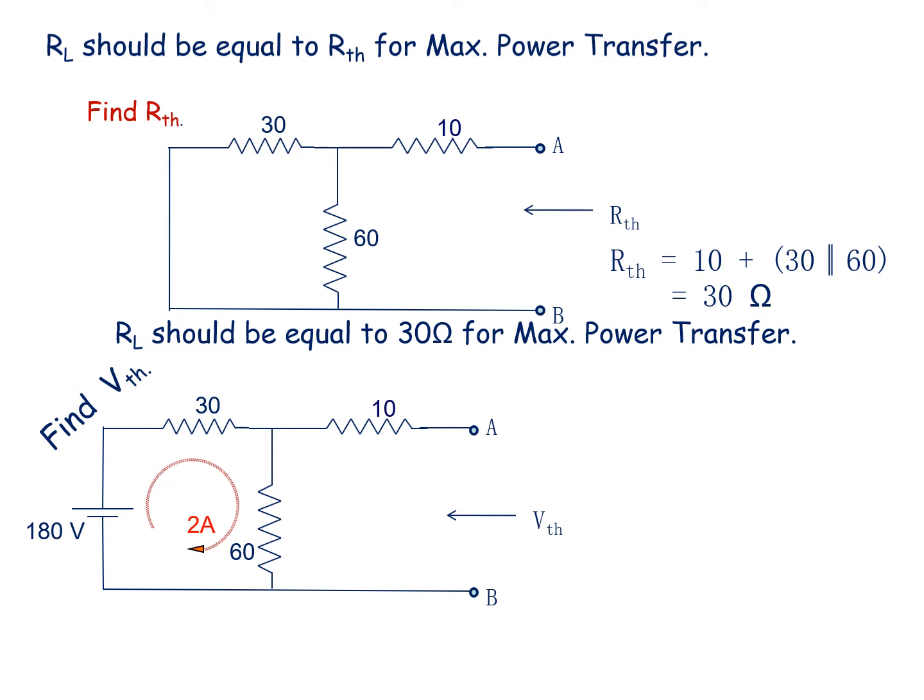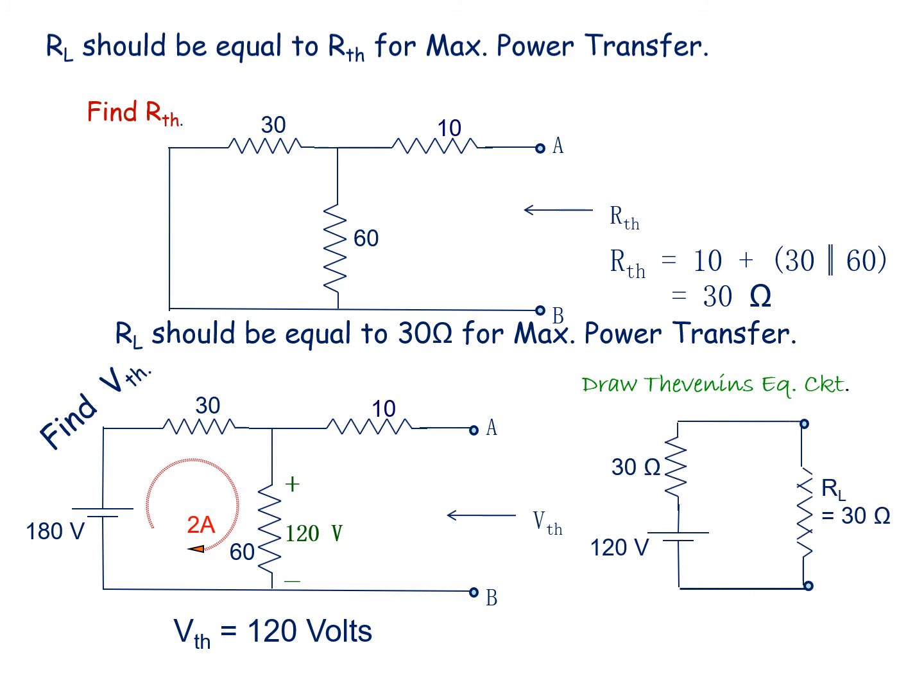This 2 amperes will develop a potential difference of 120 volts with this polarity shown. So V Thevenin is 120 volts. Now draw the Thevenin's equivalent circuit. V Thevenin of 120 volts in series with R Thevenin of 30 ohms connected to the load.